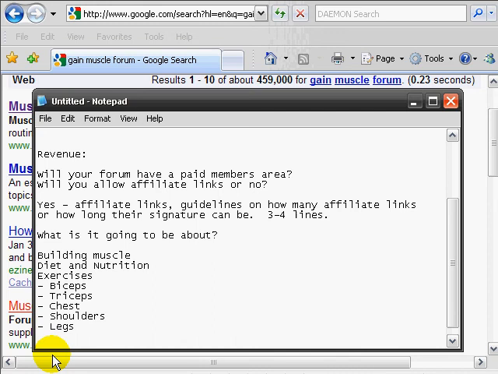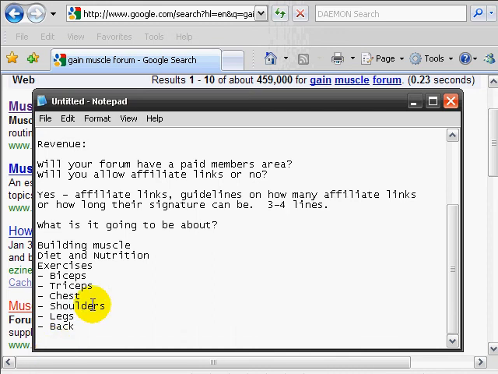And let's not forget back. And this could basically be, let's say, building muscle or finding a gym. So these could all be different threads, like 4 different threads. You want to start small and then work your way up to building more threads.